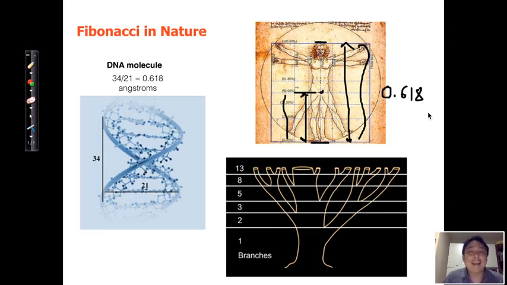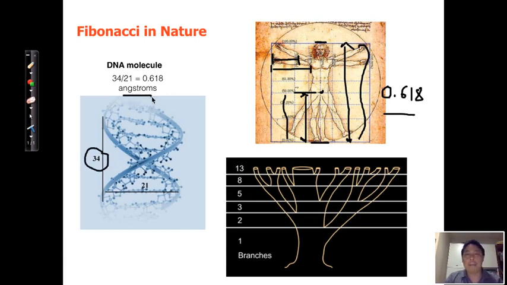There you go, right? If you take the length of your arm, like so, that's the whole length of your arm, and you divide it from the distance between your fingers to your elbow, guess what you get? You get 0.618, okay? It's kind of, this ratio is inbuilt into nature. If you take the DNA molecule of a person, you take the length of the DNA molecule, it's 34 angstrom.